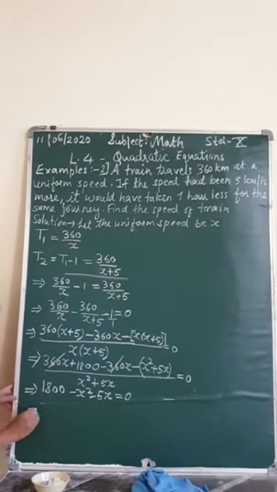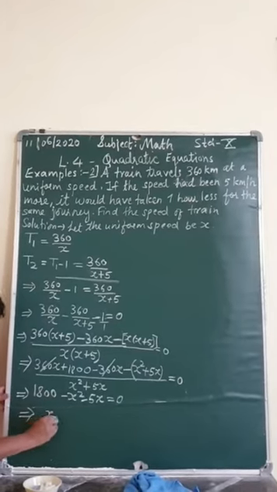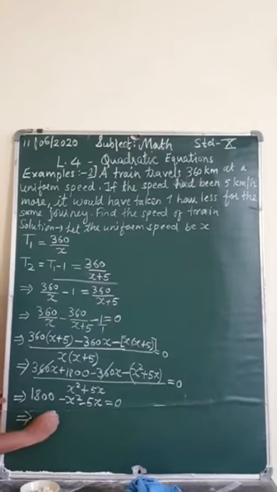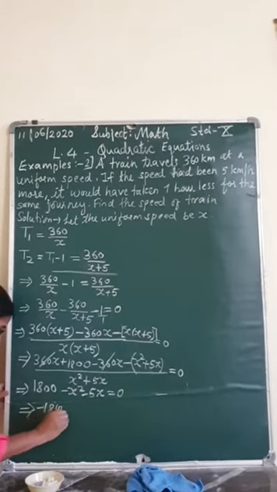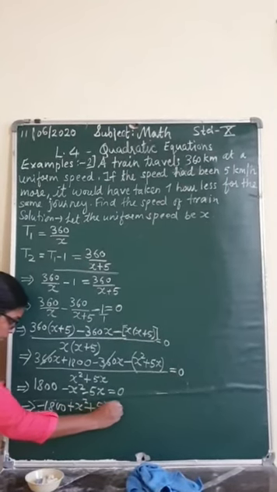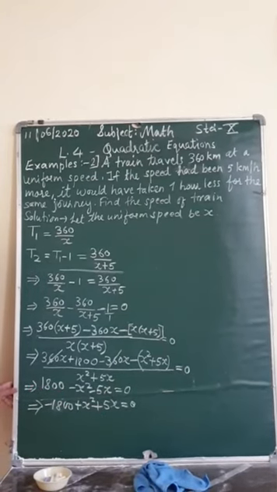So now we will change the sign of this. If you multiply both the sides by minus 1, it gives us minus 1800 plus x square plus 5x is equal to 0, because whatever is multiplied by 0 or divided by 0 gives us 0.